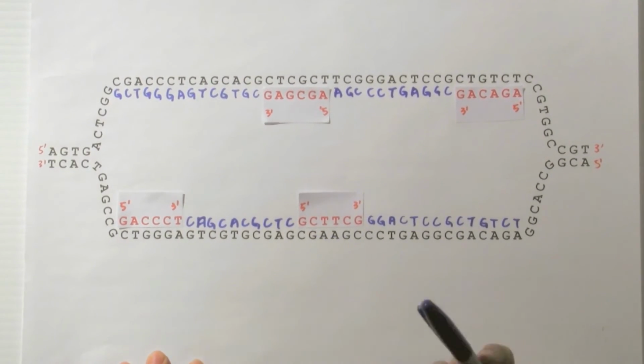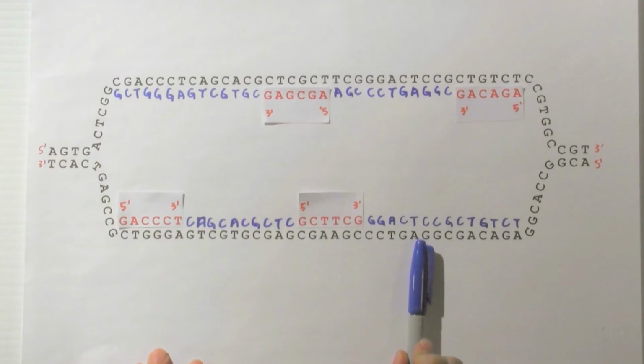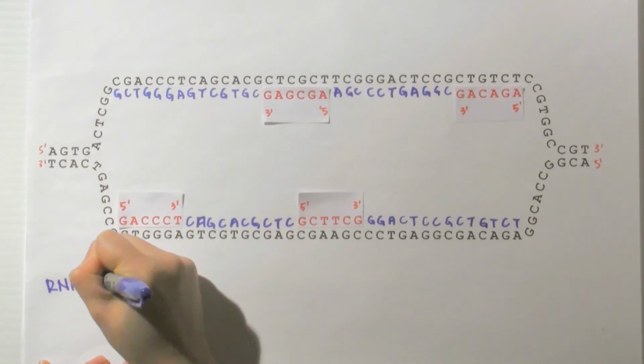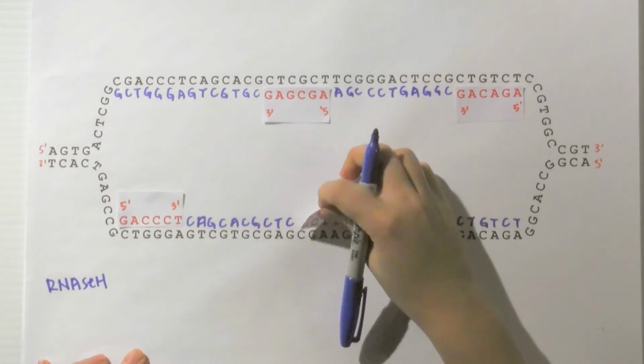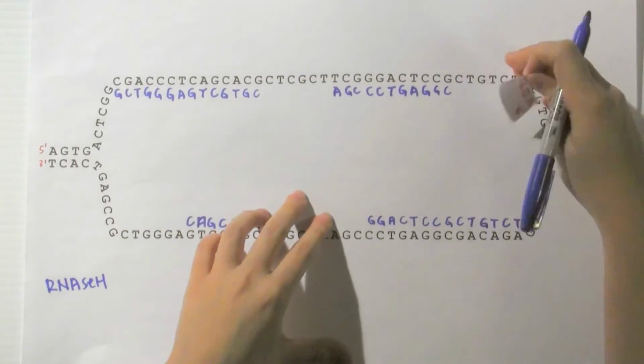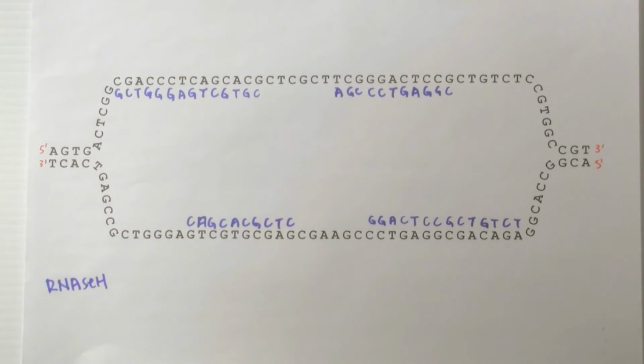So what we have here is a mixture of RNA and DNA. And what we really want is everything to be DNA. So what the cell does now is it removes these primers using an enzyme called RNase H. So RNase H will come in and chew up these primers. And now DNA polymerase can come in and fill in the gaps.